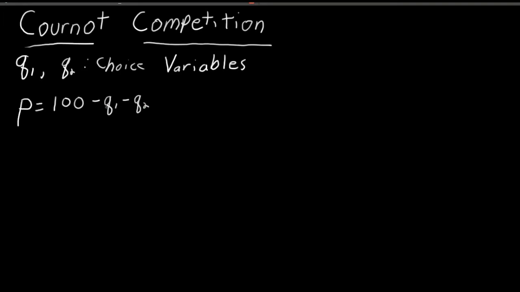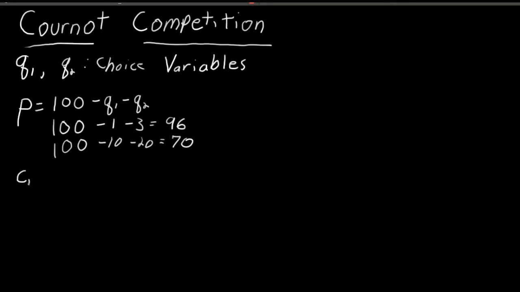What this says is that the more quantity 1 that firm 1 produces, the lower the price will be, and the more that firm 2 produces, the lower the price will be. For example, if firm 1 chooses 1 and firm 2 chooses 3, the price is 96. If firm 1 chooses 10 and firm 2 chooses 20, we see that the price is now 70. Okay, so this is how the price is determined.